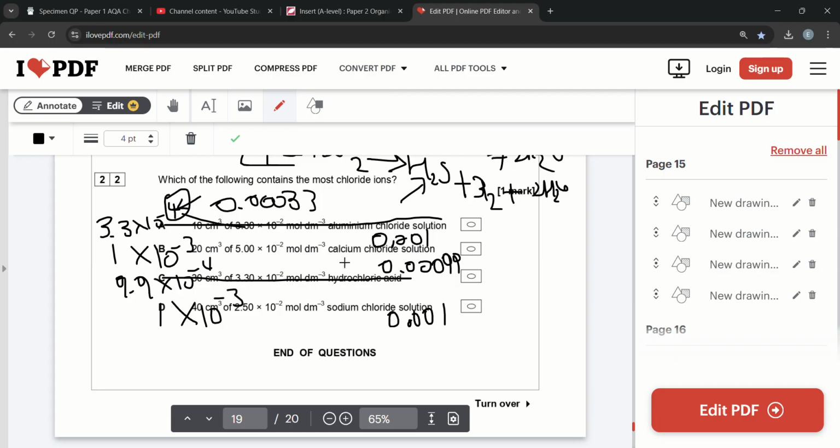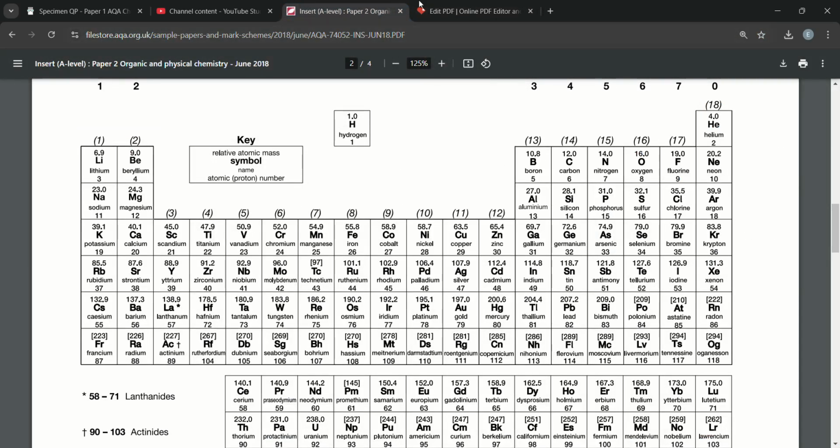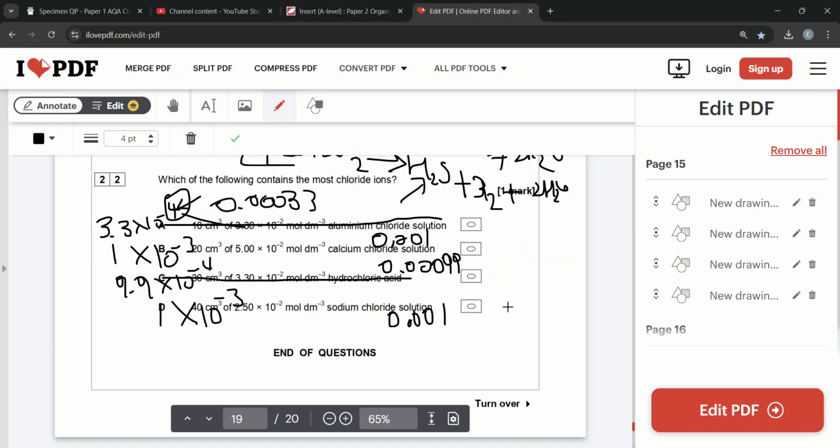However, what do you notice about this? Calcium chloride, sodium chloride. Calcium has a Ca2+ charge, so it's CaCl2, calcium chloride, whereas this is NaCl.